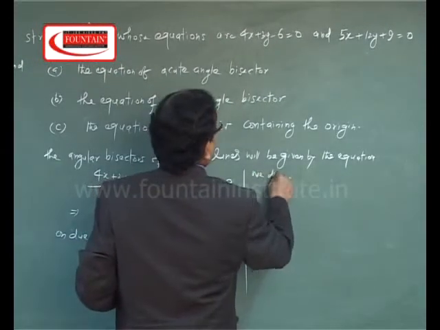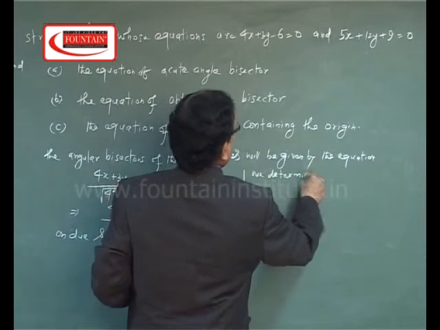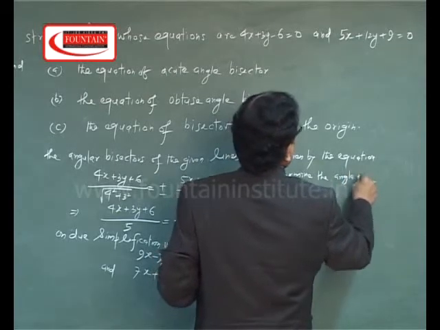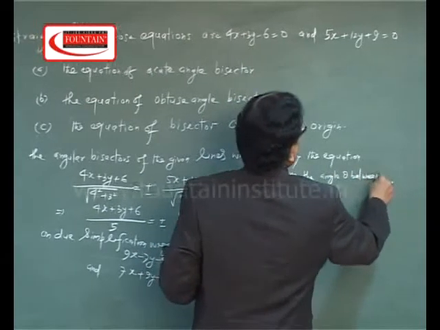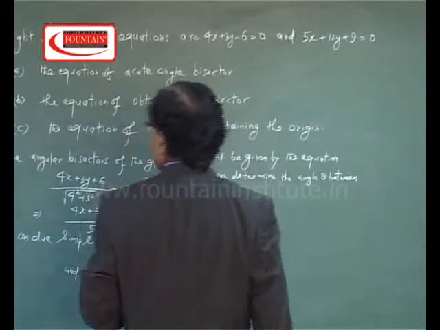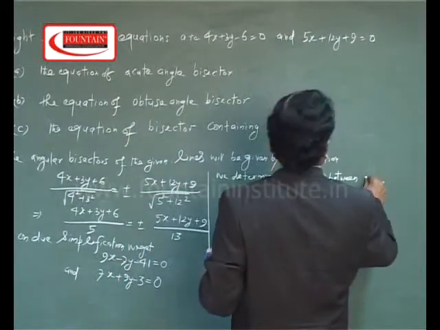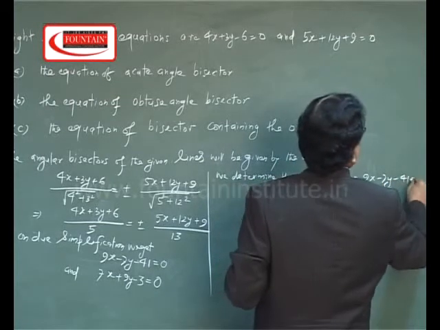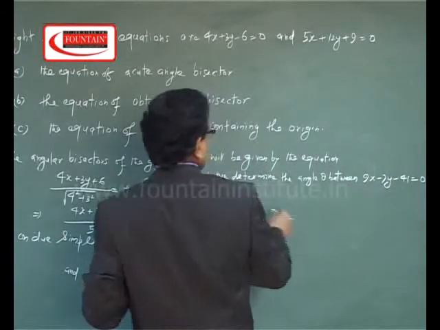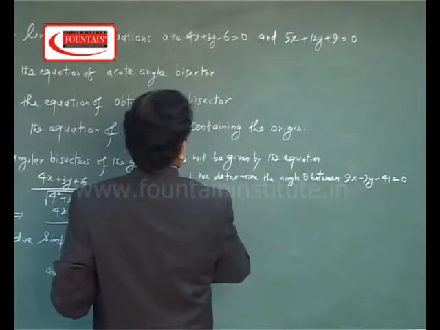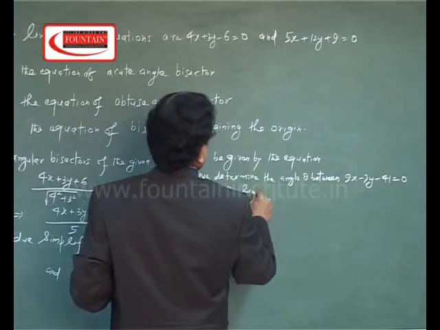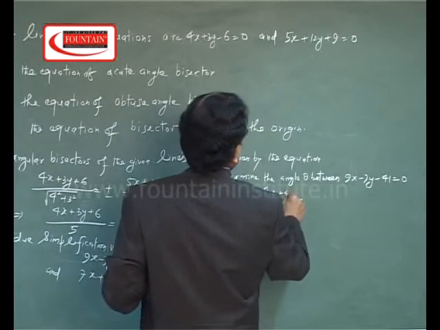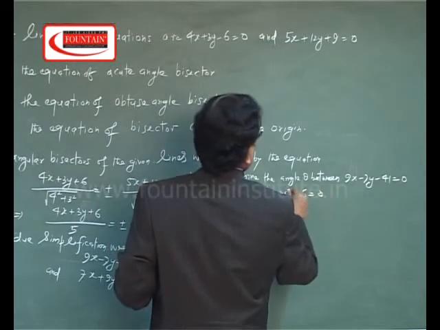We determine the angle theta between the bisector 9x minus 7y minus 41 is equal to 0 and the line 4x plus 3y minus 6 is equal to 0.